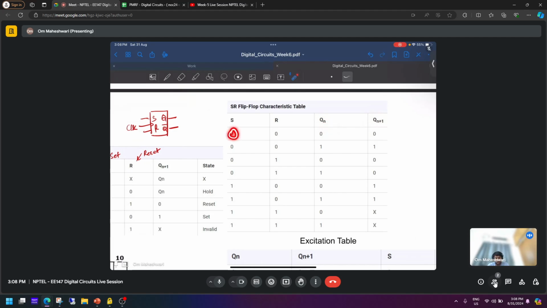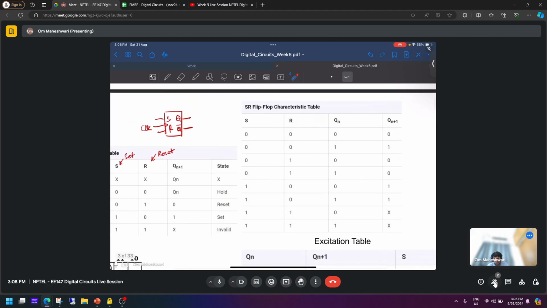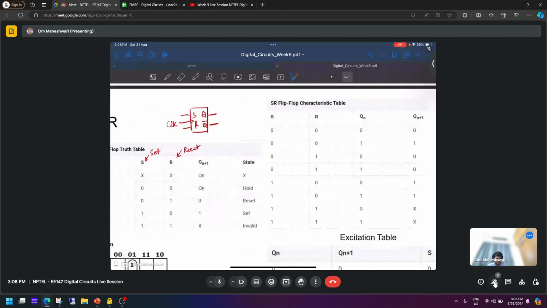So when S equals 0, R equals 0, and previous cycle output is 0, we know Qn plus 1. When S equals 0, R equals 0, Qn plus 1 is Qn, same as the previous output. In the reset case, it is always 0. In the set case, it is always 1. And when both are 1, 1, the conditions are invalid.